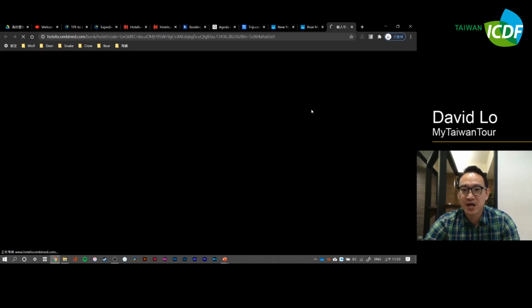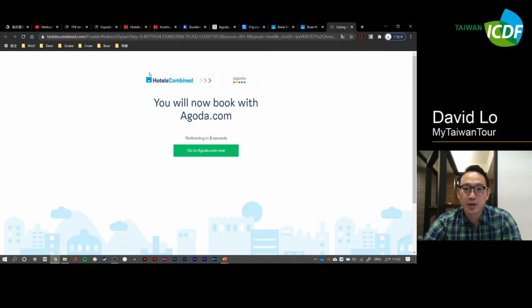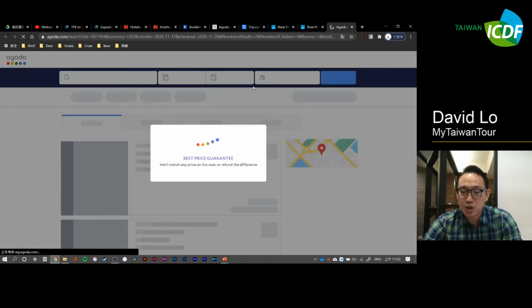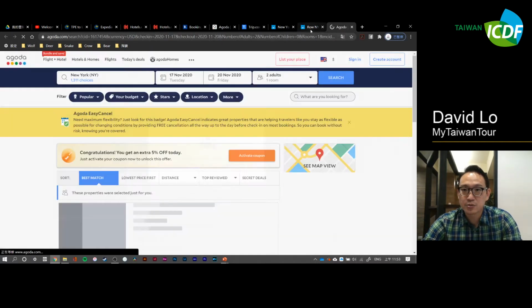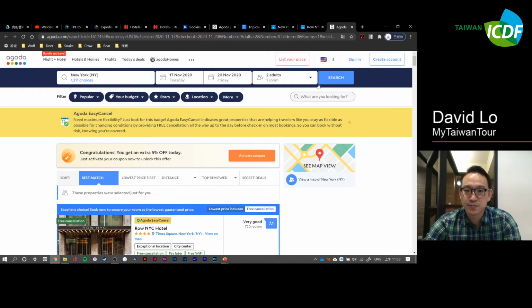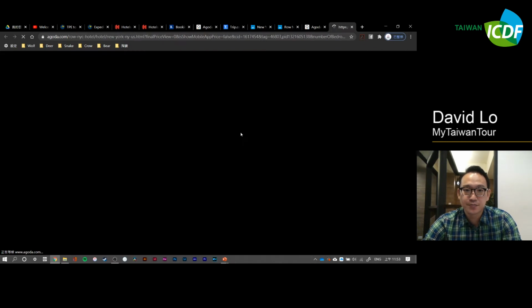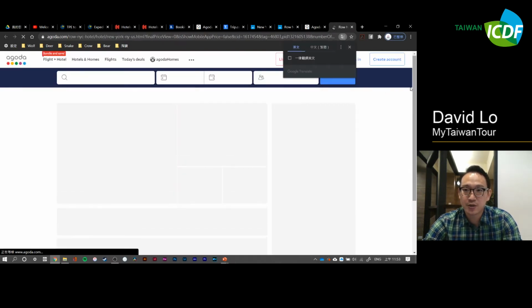So you always have to go into the page, or Hotels Combined will direct you to the Agoda page to see how much it is. What's shown here may not be the final pricing, so you still have to go into Agoda to see how much they're selling.